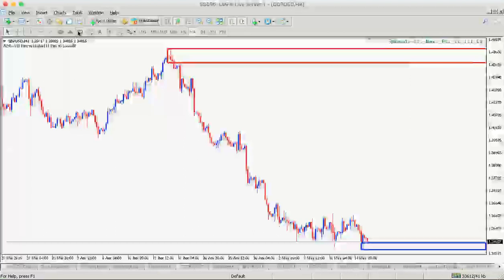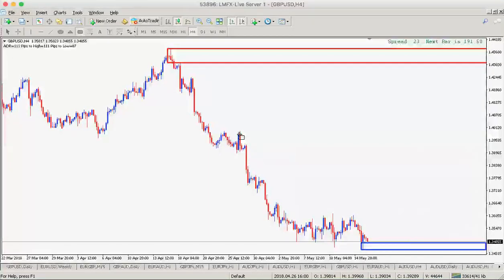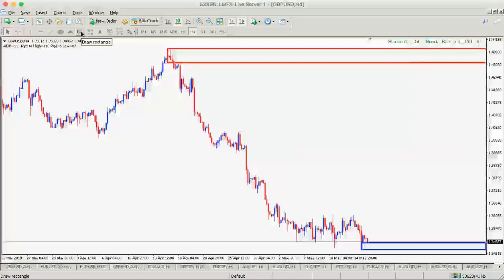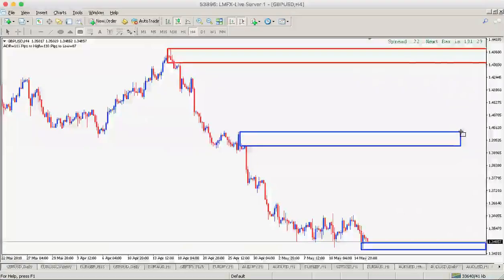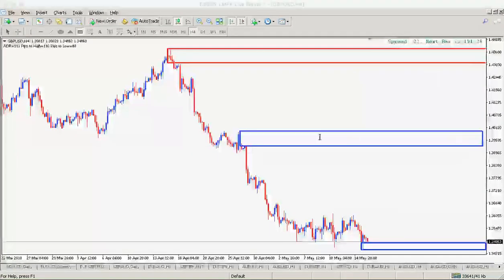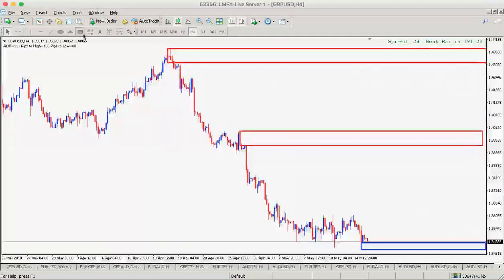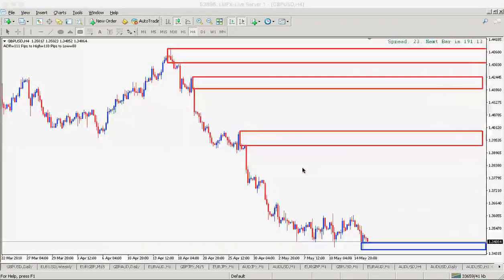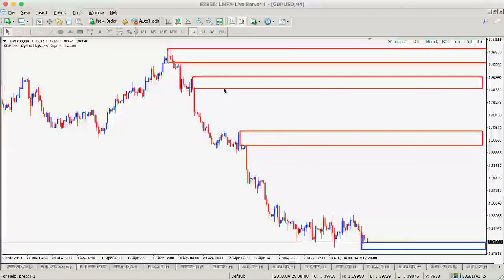You do have some in between. All right, so there you have your supply zones, and you have your demand zone way down there.